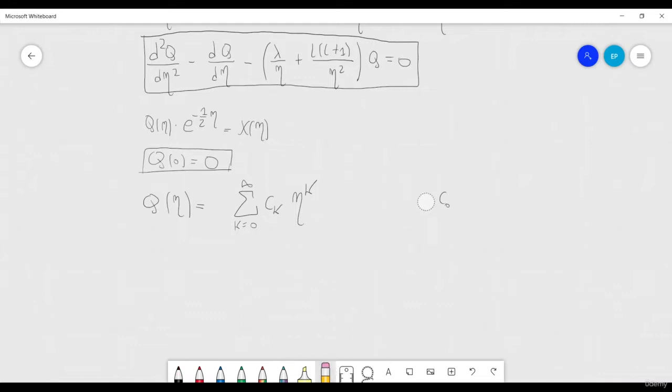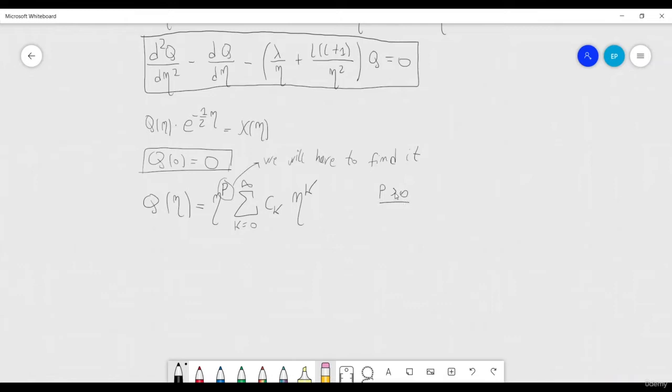Therefore, I can multiply this expression by some power of eta, eta to the power p. Let's say I will use p, but we don't know what p is, so we will have to find it. But for sure, p should be greater than 0.